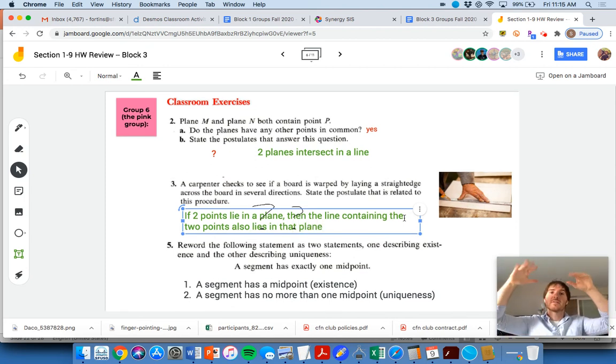So we should be able to have any two points on a surface, lay a straight edge on it, and that line between the two points should also be on that surface, because the line containing the two points is in that same plane. If it's bent at all, the straight edge will lie off of the actual surface, so we would know that the surface isn't flat, because between any two points, the line containing those points would have to be in the same plane.